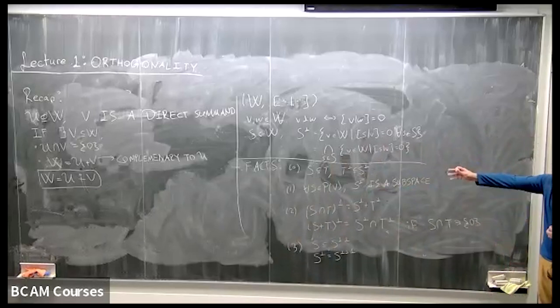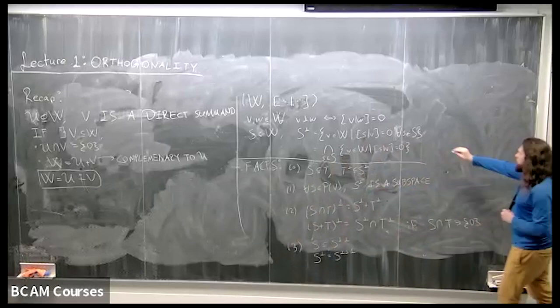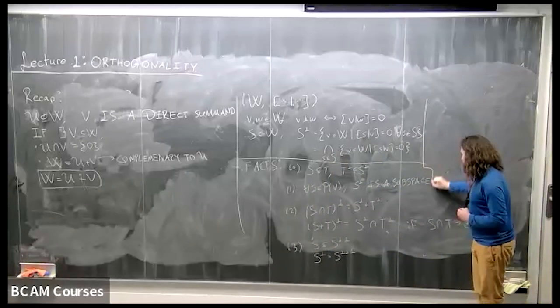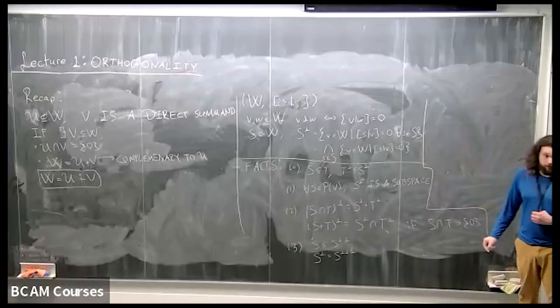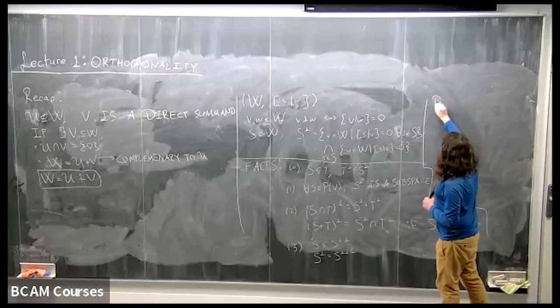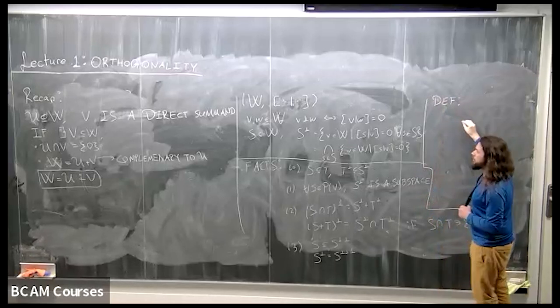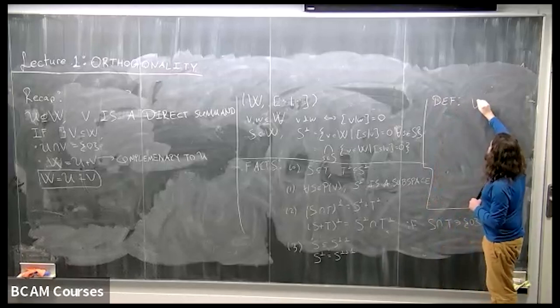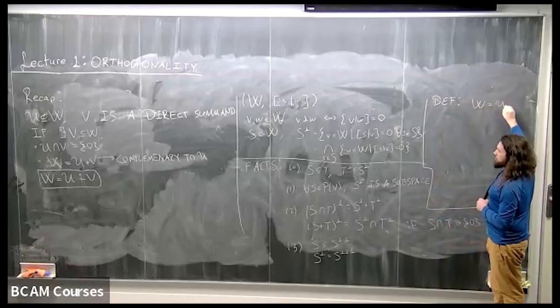Right, so now I have direct sums and I have orthogonality. So then the next thing I might want is an orthogonal direct sum. So an orthogonal direct sum is one like this.